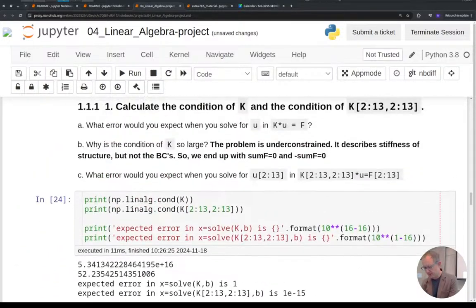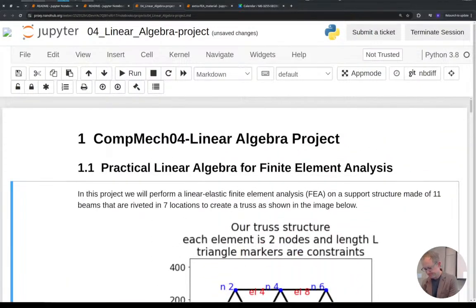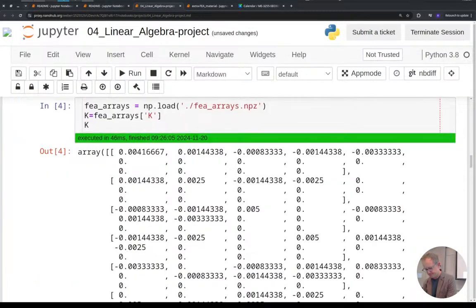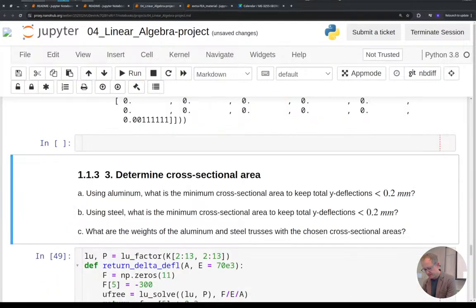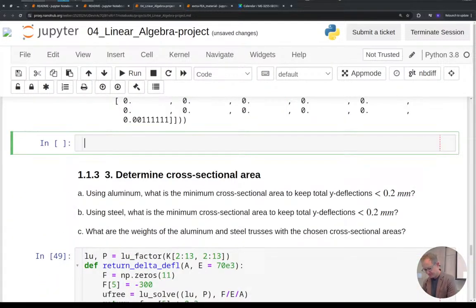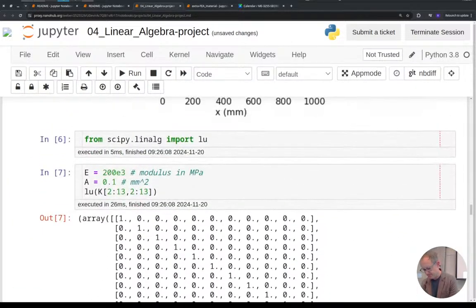We've got to start from the beginning, load everything in. What did I call it? P, capital PLU? I called it nothing.